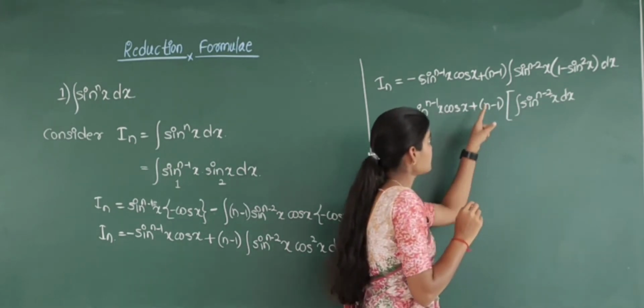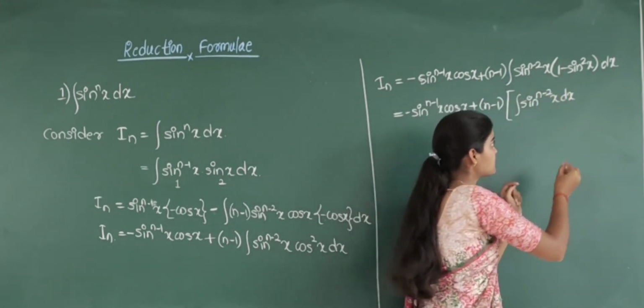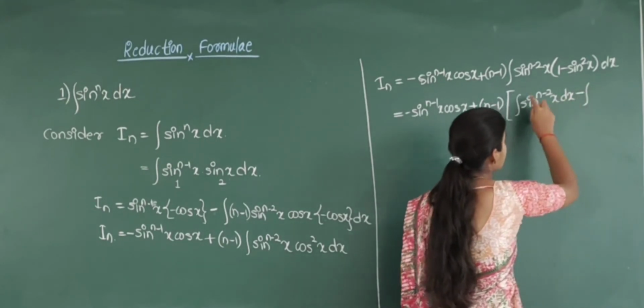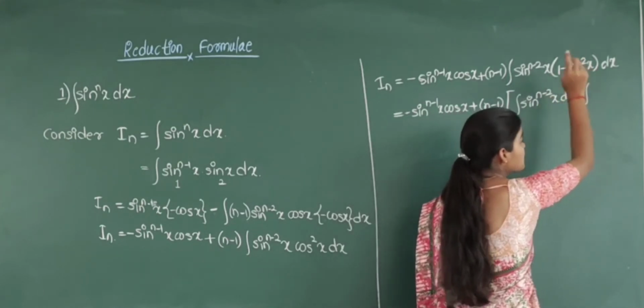Then plus into minus is minus, integration of sine raised to n minus 2x into sine square x.